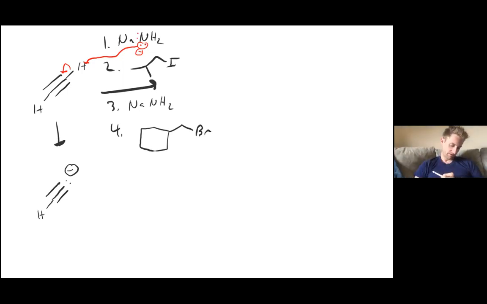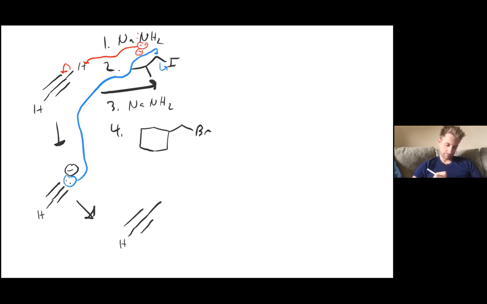From here, we can attack this carbon that contains an iodine. We're going to be doing an SN2, taking that out and adding 1 carbon, 2, and then our branch point.